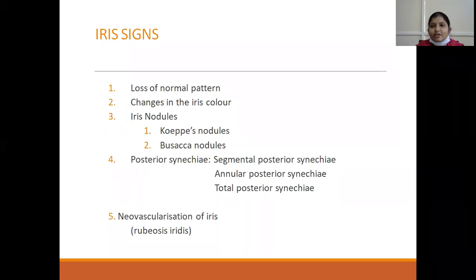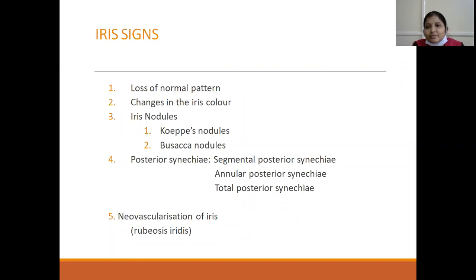In case of aphakia, where the lens is absent, it is adhesion between the posterior surface of the iris and the anterior vitreous phase. So what are the various types of posterior synechiae? Segmental posterior synechiae, annular posterior synechiae, and total posterior synechiae. I will discuss Koppe's nodules, Busacca's nodules, and posterior synechiae in the coming slides.